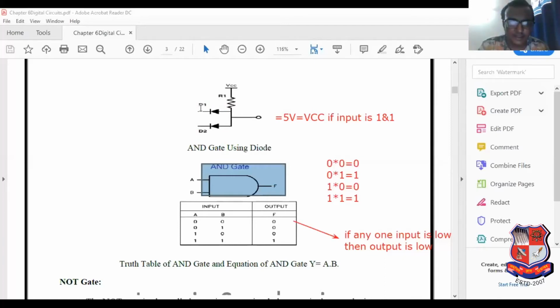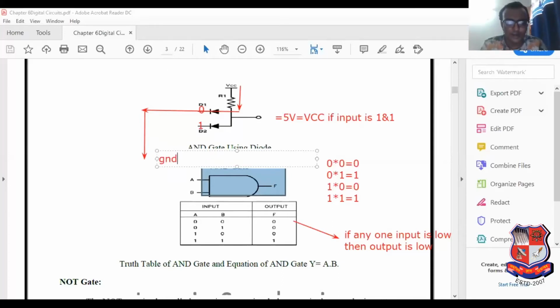Here we apply 0 volt. Okay, the diode acts as forward biased here, but reverse biased here. So here it is an open circuit, but all the current flows like that. And here it is connected with ground, because voltage is always connected with ground.